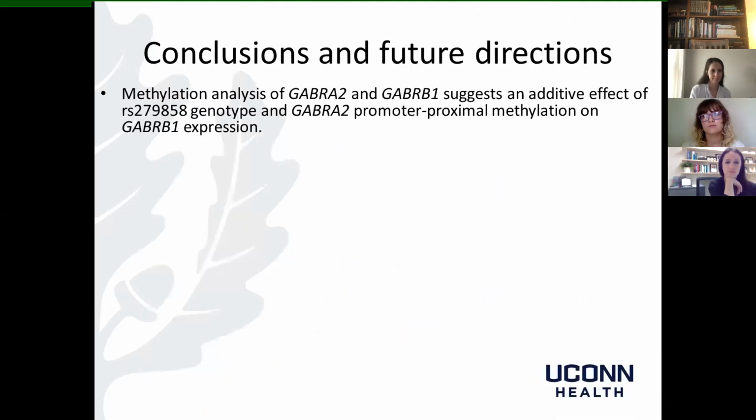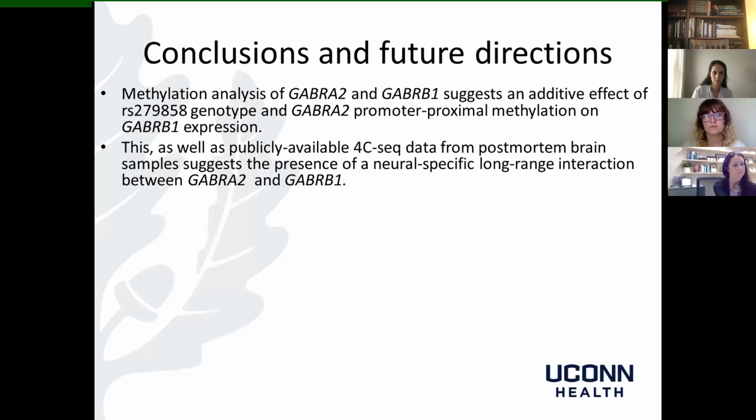In conclusion, methylation analysis of alpha-2 and beta-1 suggests an additive effect of methylation at the alpha-2 promoter proximal CpG island and RS279858 genotype on beta-1 expression in neural cultures.